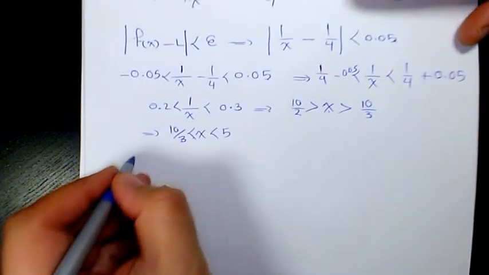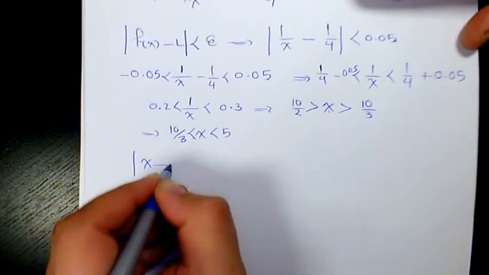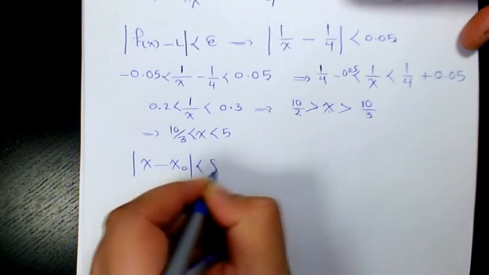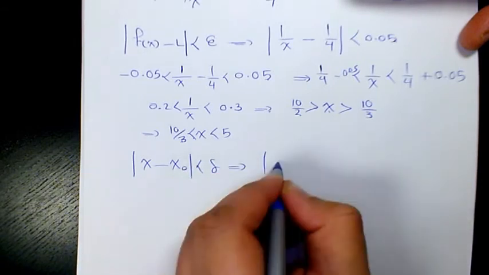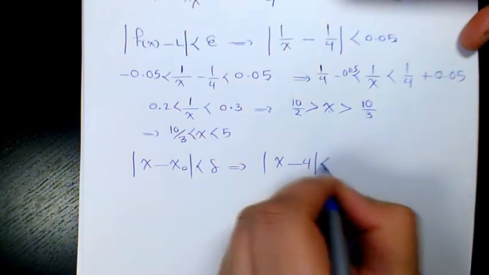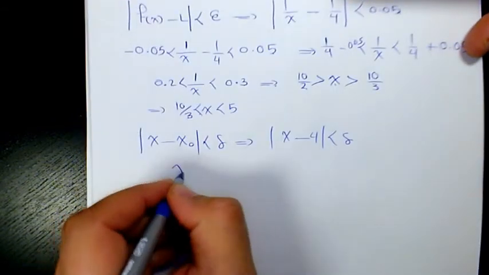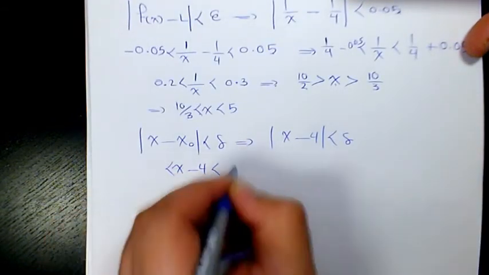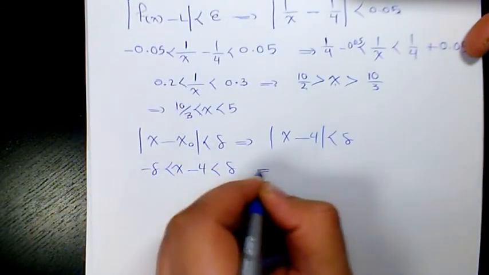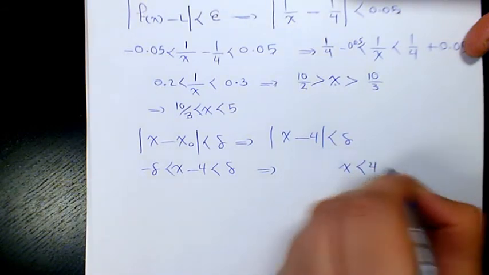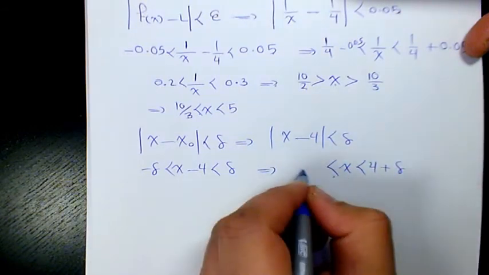On the other hand, the absolute value of x minus x naught is supposed to be less than delta. X naught is 4. So we have x minus 4 is less than delta and greater than negative delta. So x is going to be 4 plus delta, 4 minus delta.